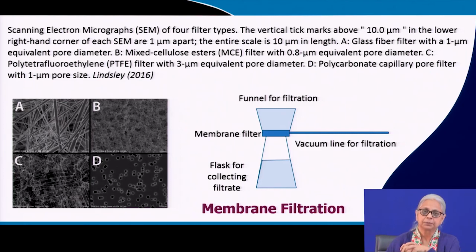If it's a glass-based apparatus, then we have a clamp for holding all three parts together, or in the pre-molded plastic type of filter sterilization unit, they may be pre-packaged, so they're all molded together. In any case, you have a membrane over here. The sample, whether it's a water sample or any other sample to be filtered, is passed under negative or vacuum pressure through this membrane, because all membranes, especially 0.2 micron membranes, are very difficult to filter without applying a vacuum.